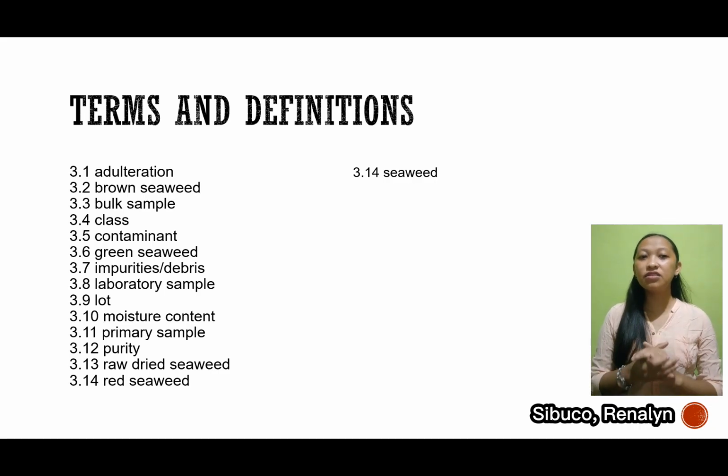Class, designation of raw dried seaweed quality according to the established government standard thereof.